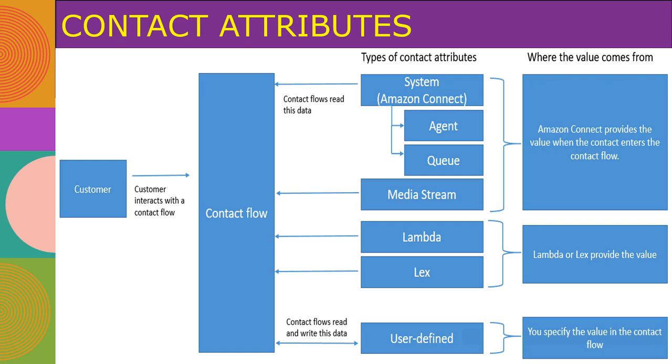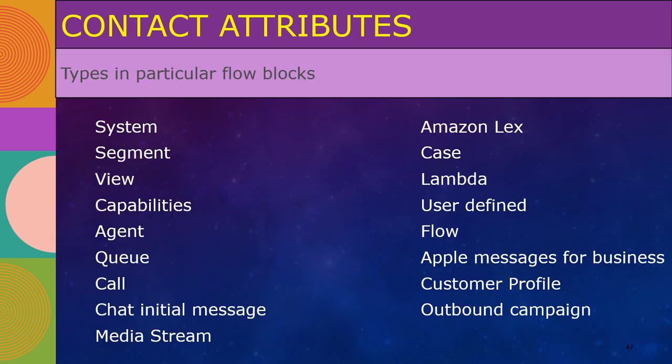And the user defined variables could be accessible across flows, unless it's a flow user-defined variable, which is only accessible within that flow. So there's different types of flows. We could get into that, but let's move on to see what we have next.